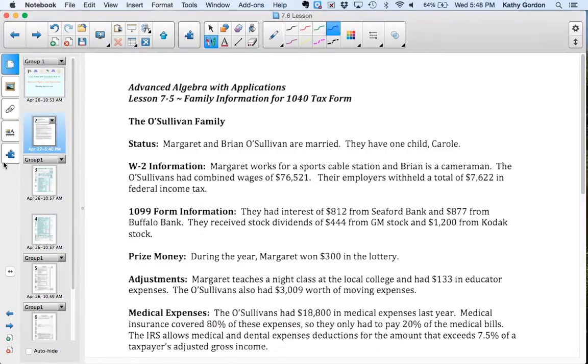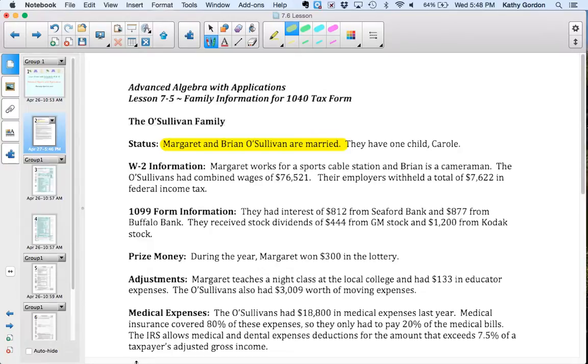So we were looking at this scenario. We have this information on the O'Sullivan family, and we want to use this information to fill out their 1040 form and, where necessary, to take a look at the schedules that will help us to fill this out. So we're going to start with the information that Margaret and Brian O'Sullivan are married.